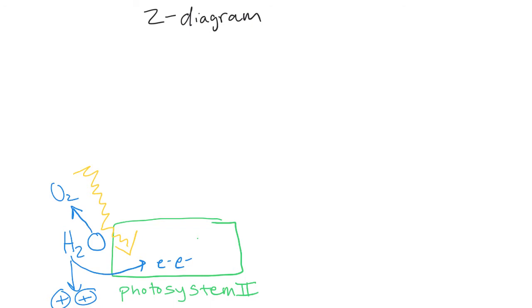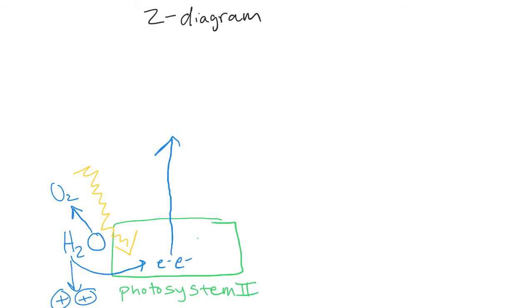Okay, so photosystem 2 then excites these electrons. So in this reaction, water is being oxidized, right? And photosystem 2 is being reduced. And then we're exciting these electrons, and now photosystem 2 is going to be oxidized.